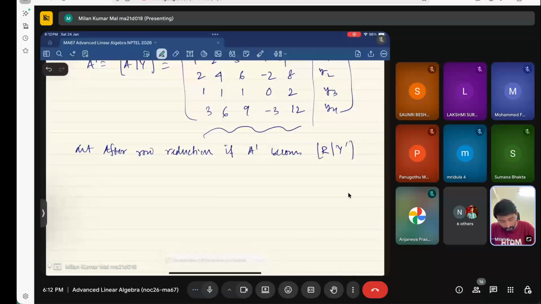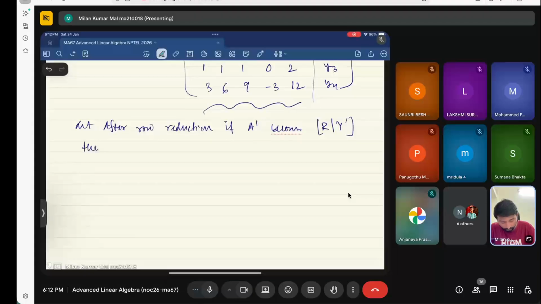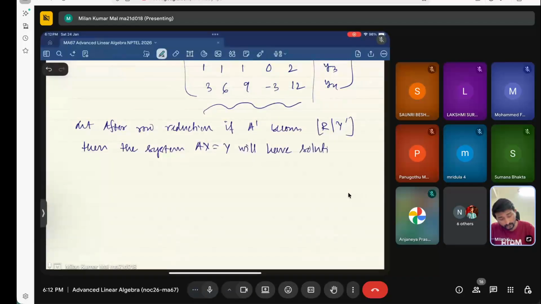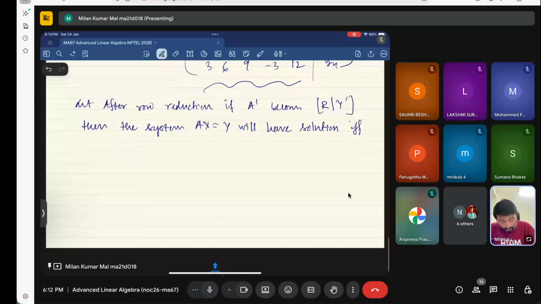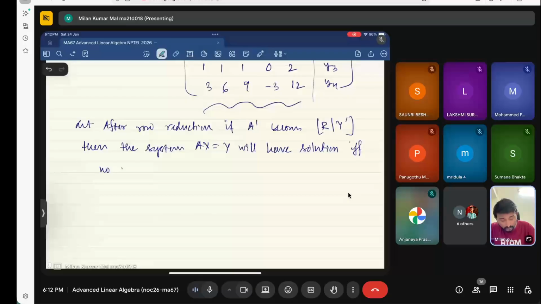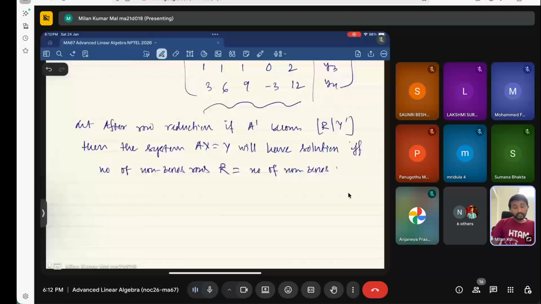Then the system Ax equals y will have a solution if and only if the number of non-zero rows in R is equal to the number of non-zero rows in R, Y dash.